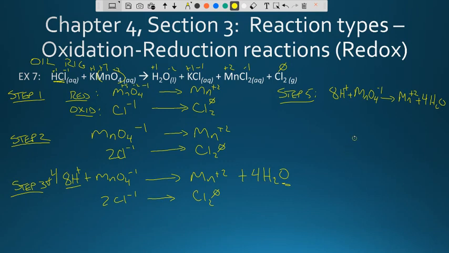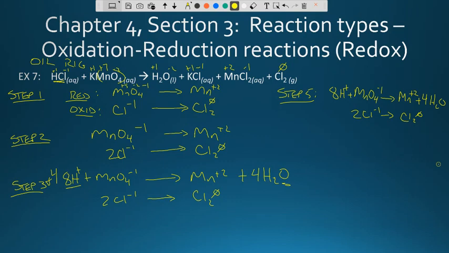Down below, I have my 2 chlorine ions, and I have just the chlorine gas. I'm just rewriting everything. Now let's take a look at charges. On this side of the equation, I have a +8 and a -1. On this side of the equation, I have a +2.